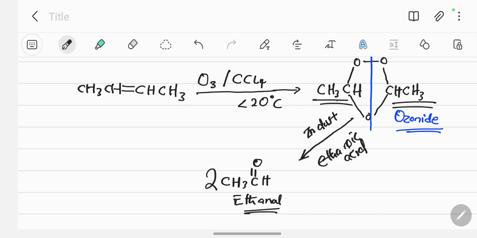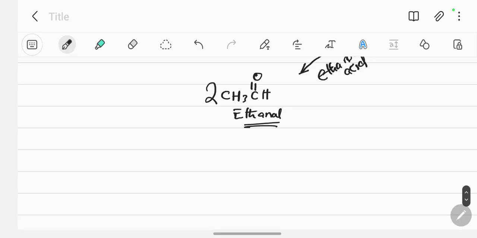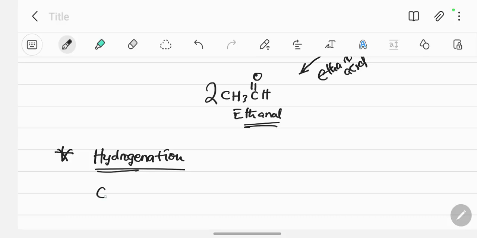Then when we move on to hydrogenation of alkenes, so hydrogenation, and in hydrogenation, as you hear that word hydrogen, I'm going to insist on this one. It's simple.